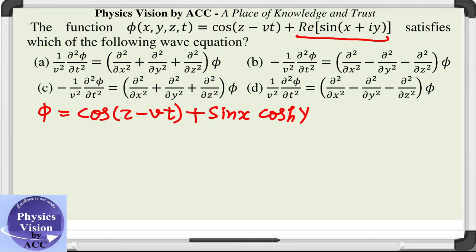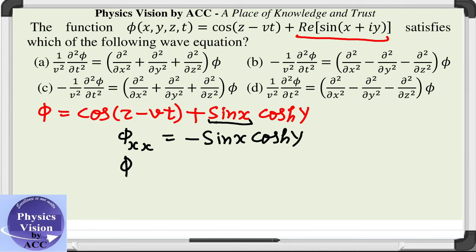How will we do it? We'll take all the derivatives and just observe the sign in all the cases. Let's see. What is the double derivative of phi with respect to x? x is in this term only. With the first derivative it will be cos x, and in the second derivative it will be minus sin x, and cosh will remain the same.